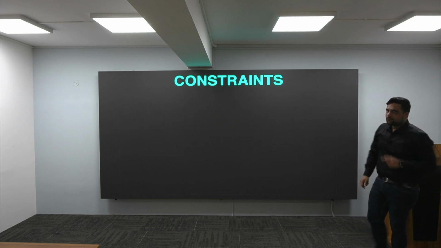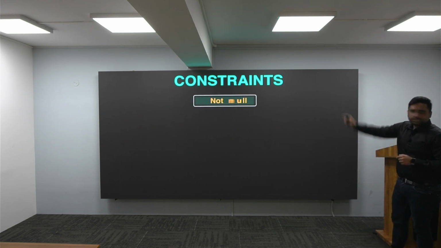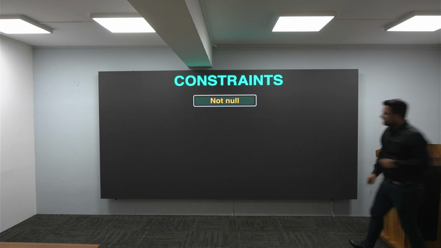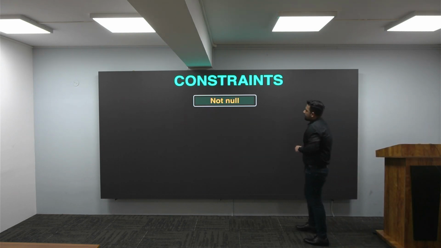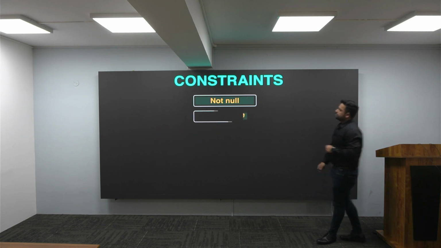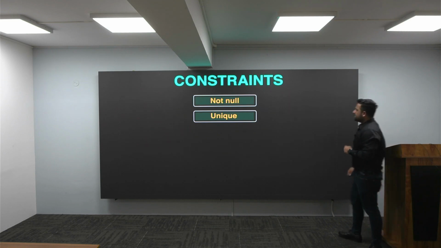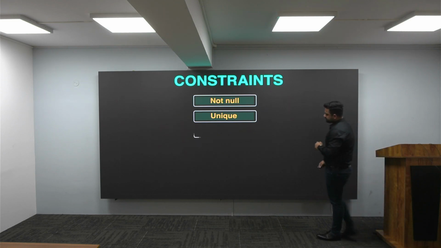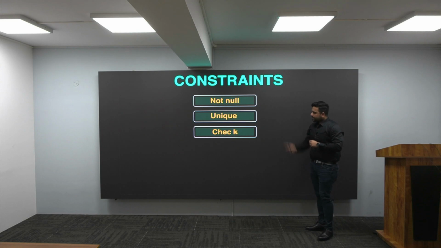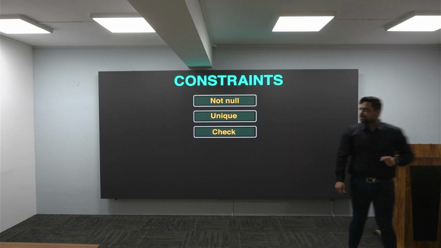First constraint that we have is not null. And what is not null? That you will understand. After not null, we have something called unique. After unique, we have check. After check, we have default.